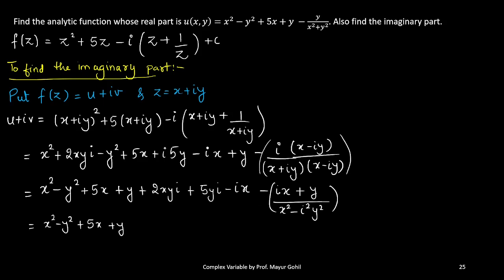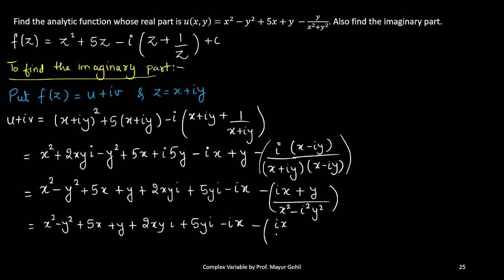And then a bit of simplification here will help you out. 2xyi plus 5yi minus ix, and carrying out a bit of simplification here, it is minus of ix.